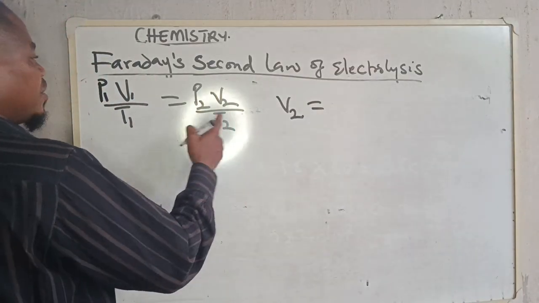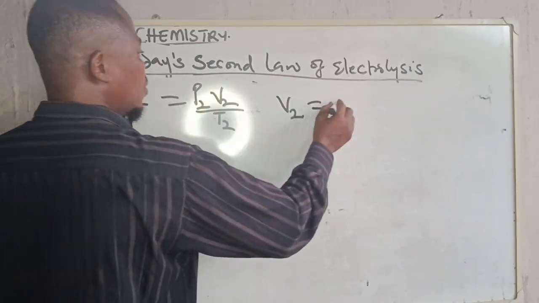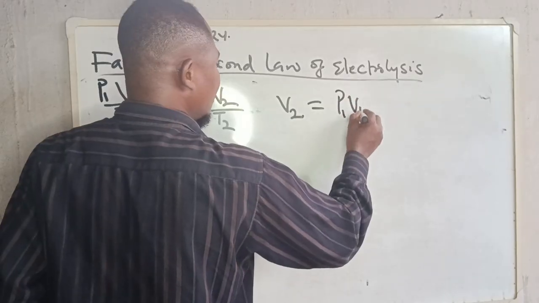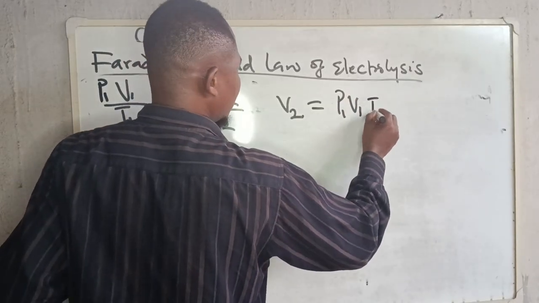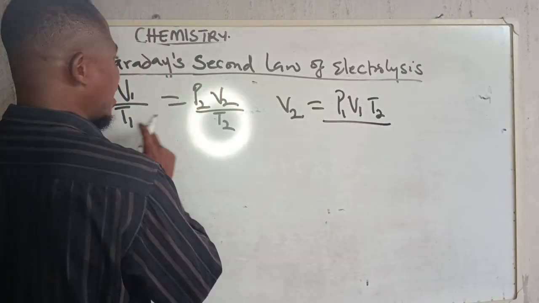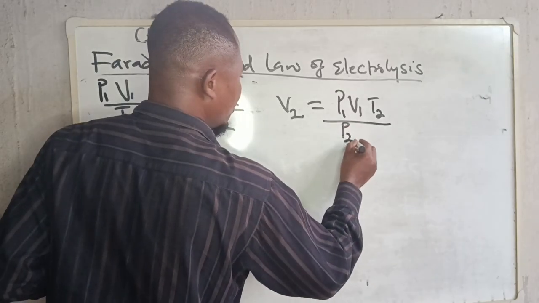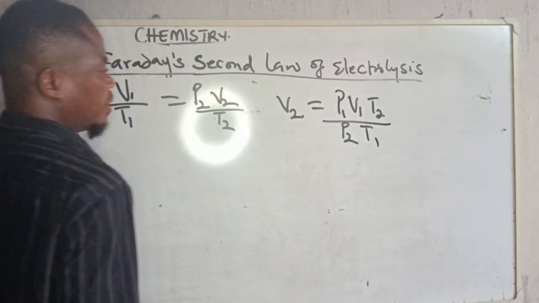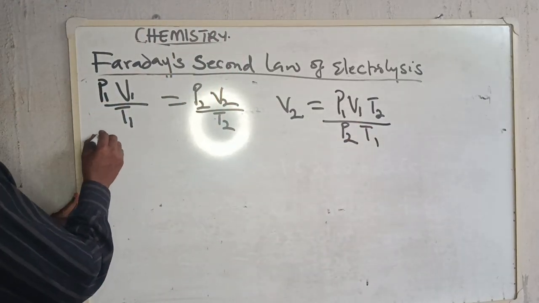If you cross multiply, you get V2 equal to P1 V1 T2 all over P2 T1. Now let's get our details.